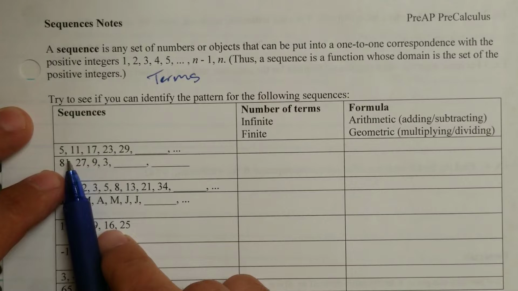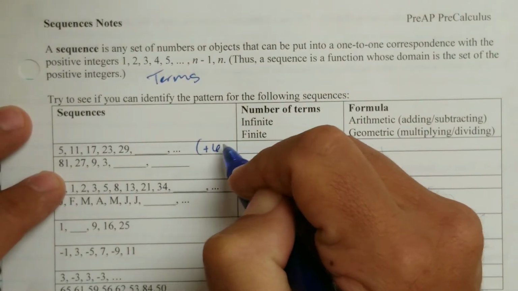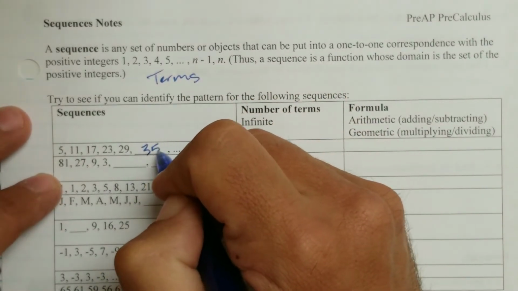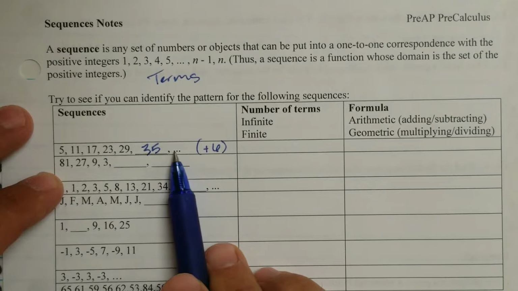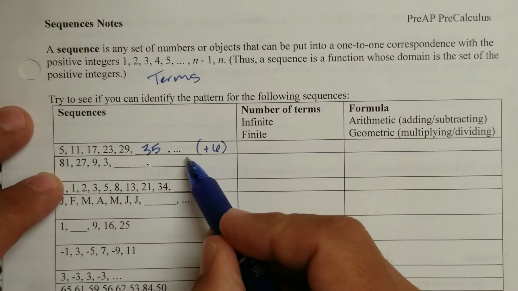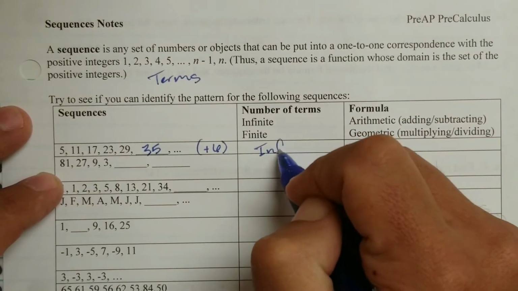The first one, 5, 11, 17. The pattern is adding 6 each time. So then you would have 35. You have an ellipsis there, the dot, dot, dot, which means that this would continue. So this would be an infinite sequence.